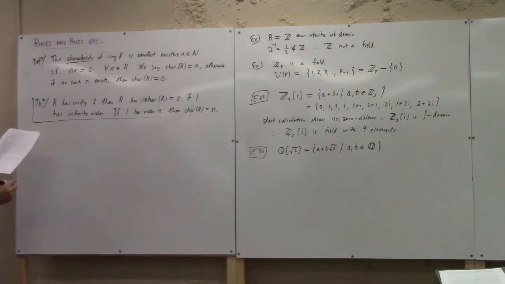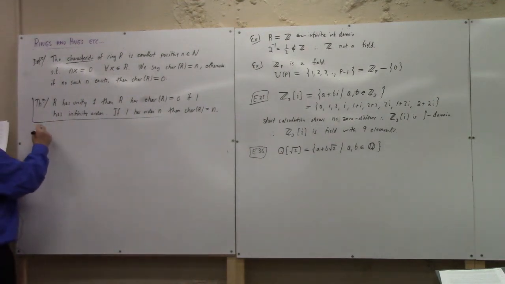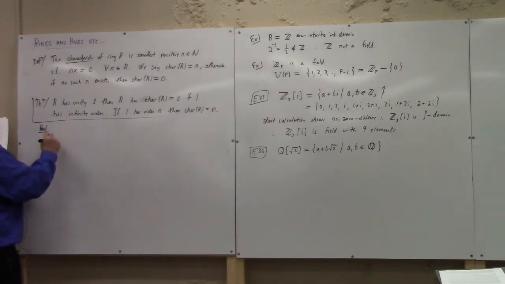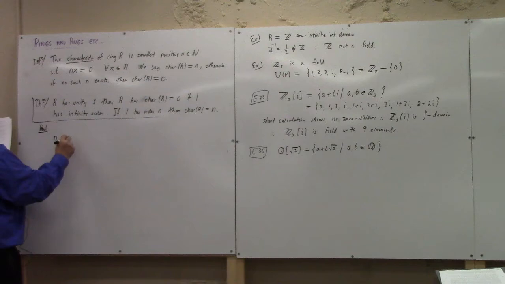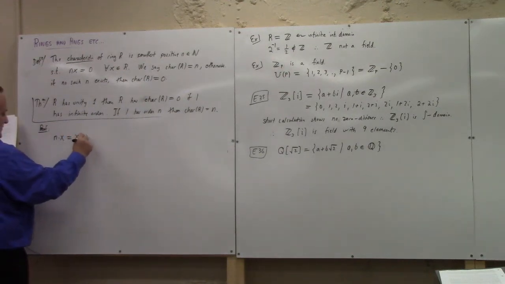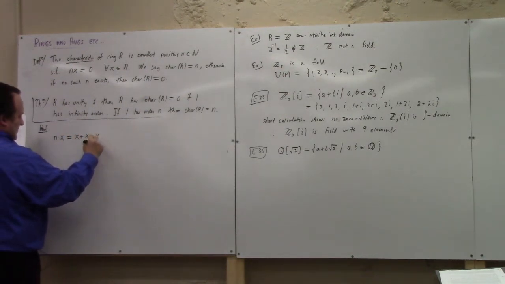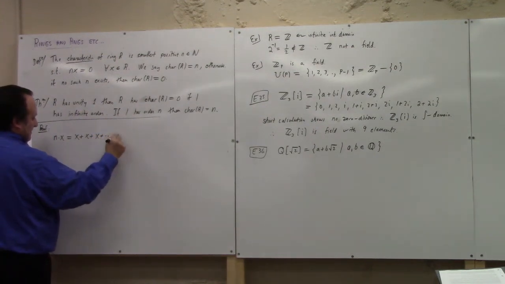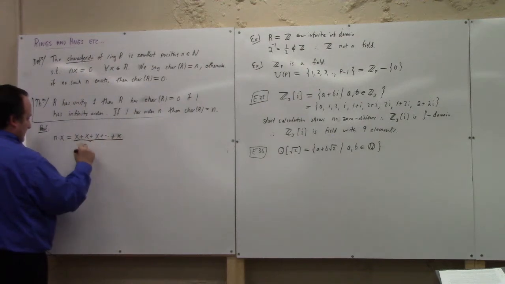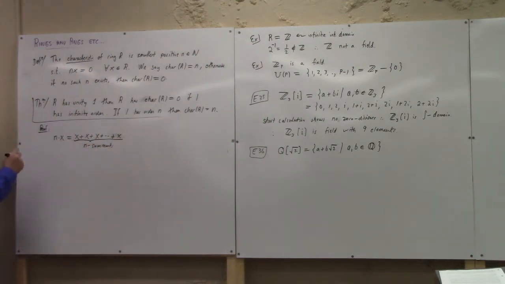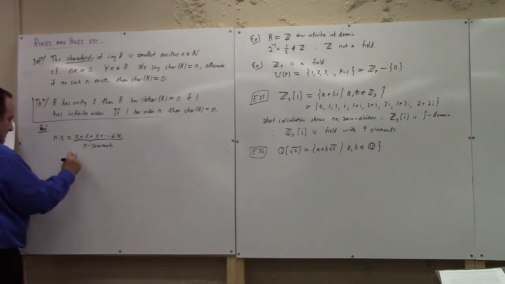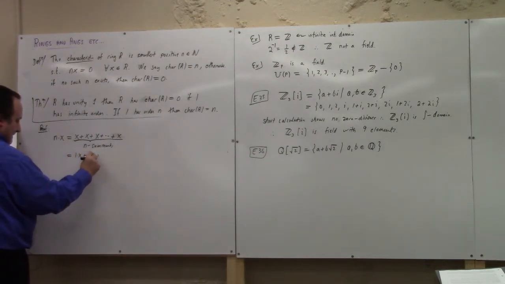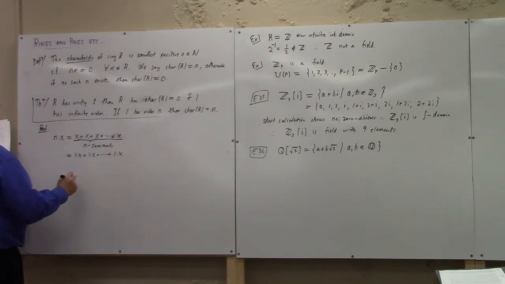Yeah, the proof is essentially just this calculation, all right? So I'll just focus on the n times x, right? What's that mean? This is x plus x plus x plus x how many times? Right, n times, n summands. But you can factor 1 out of each one of those, right?